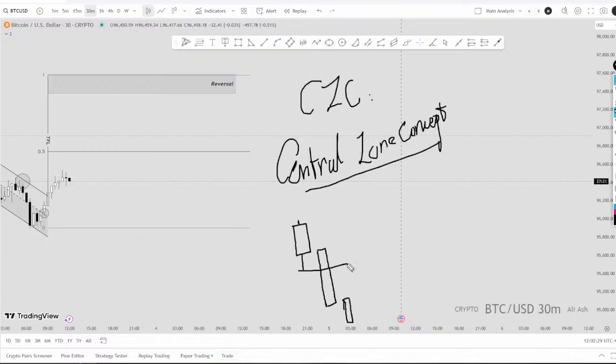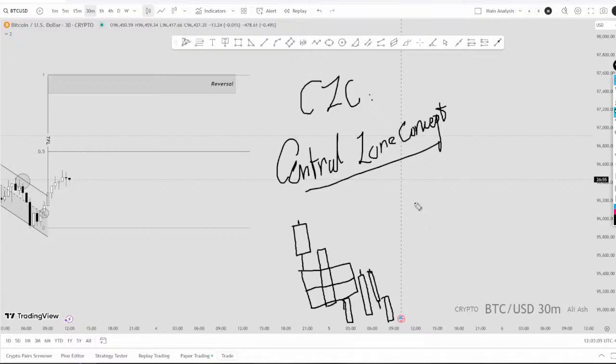So this gap we see is the FVG, and the rule is that it needs to go through the central zone of this, and it can proceed forward with that. So the central zone concept is very important when it comes to FVGs and also the market action.